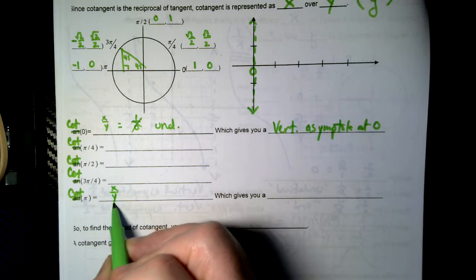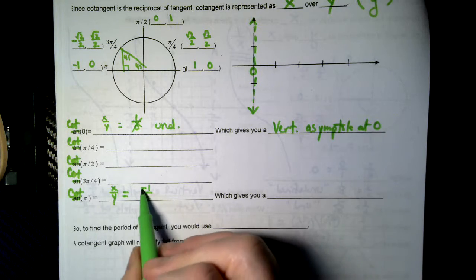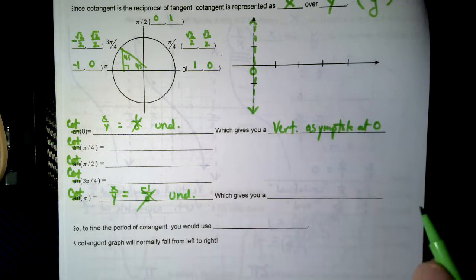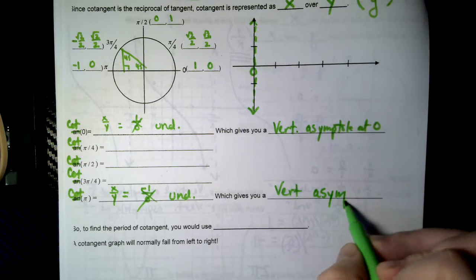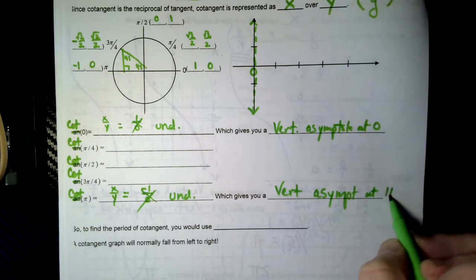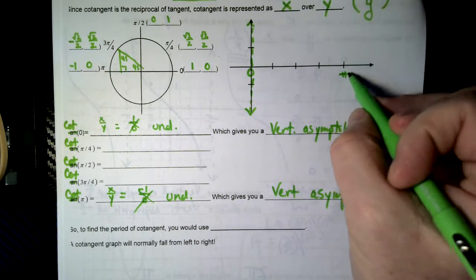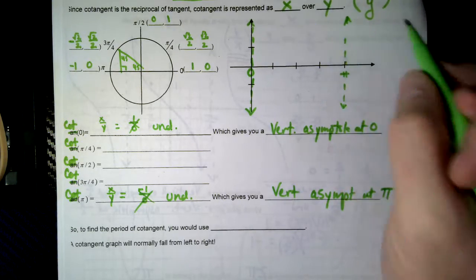If I go x over y, I'm going to get negative 1 over 0. And we're not allowed in math to have 0 in the denominator. So that's undefined. So again, a vertical asymptote at pi. Not 2 pi, but at pi. That's the ending of this period length.